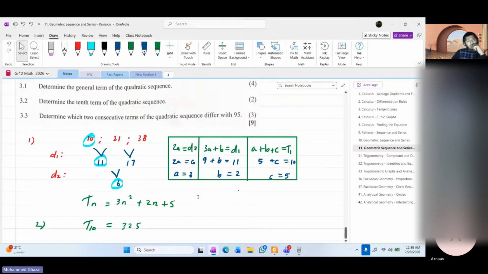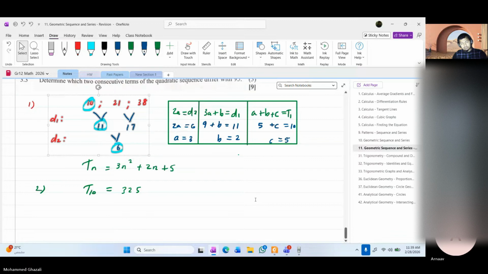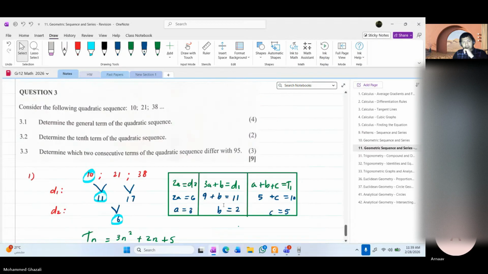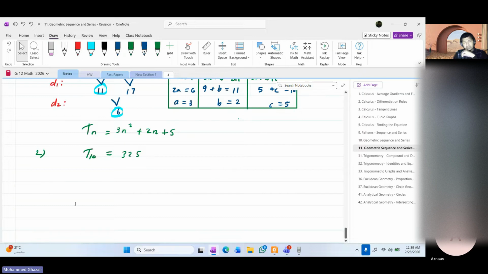Determine which 2 consecutive terms of the quadratic sequence differ with 95, right? So now this is something I wanted to do. I'm going to add one more question to this.